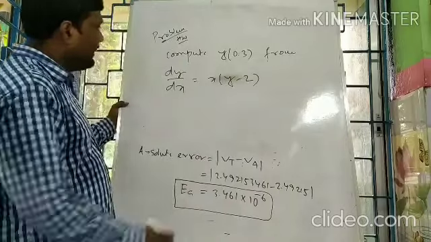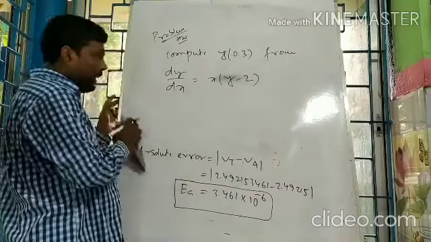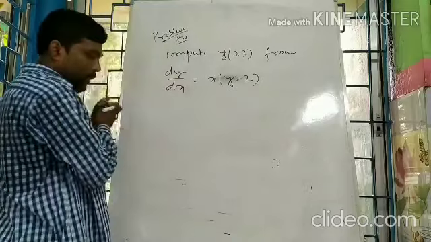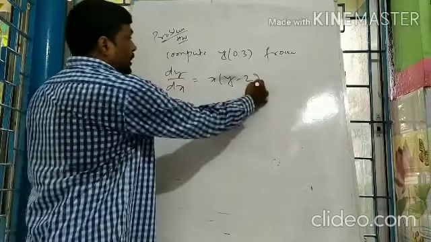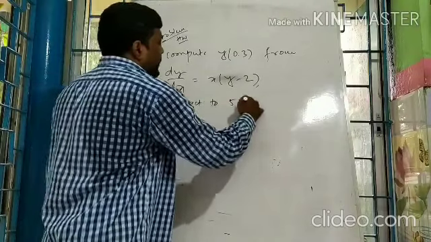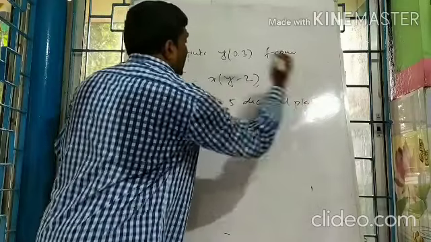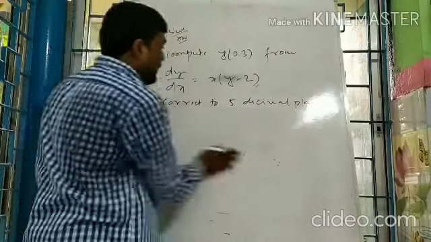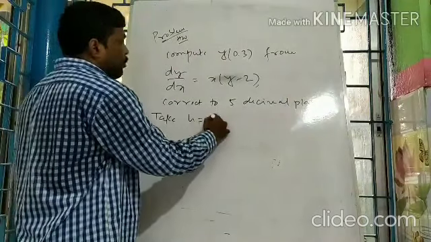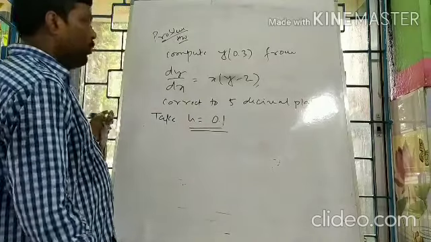dy/dx equals x into y minus 2, correct to 5 decimal places. Take h equals 0.1.